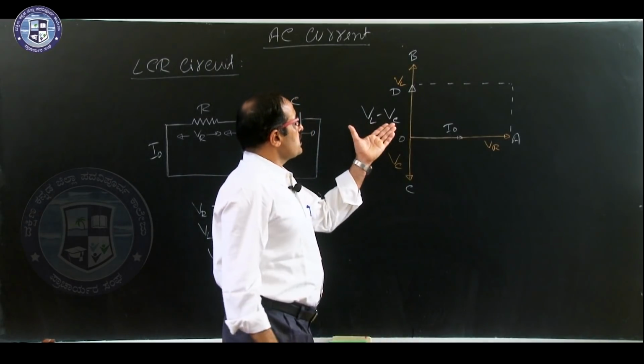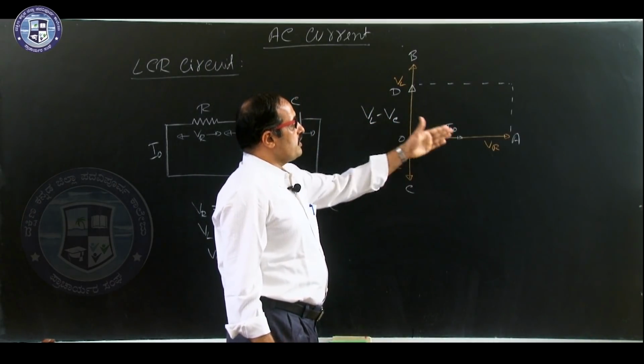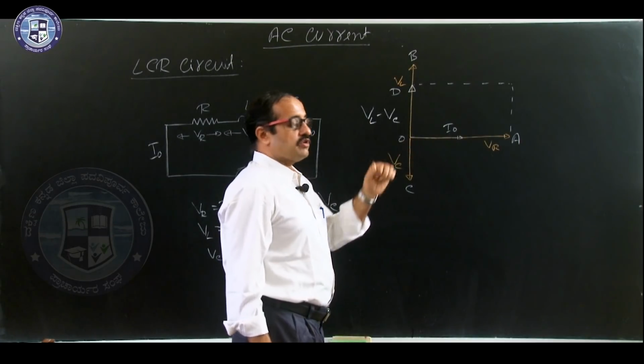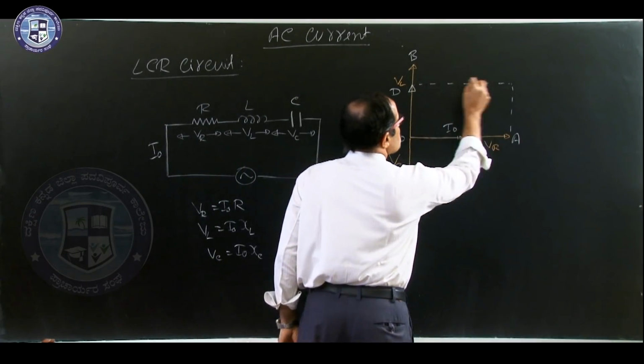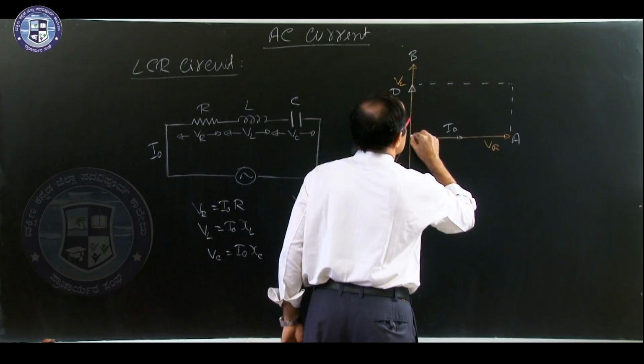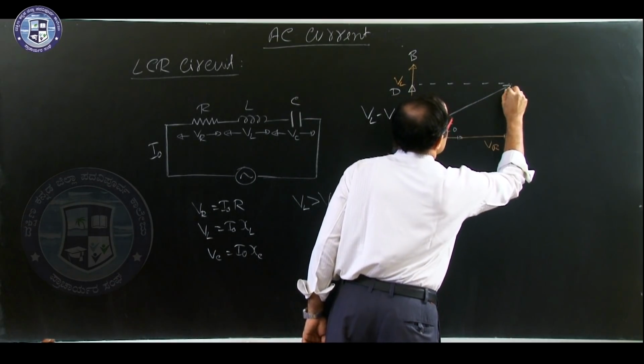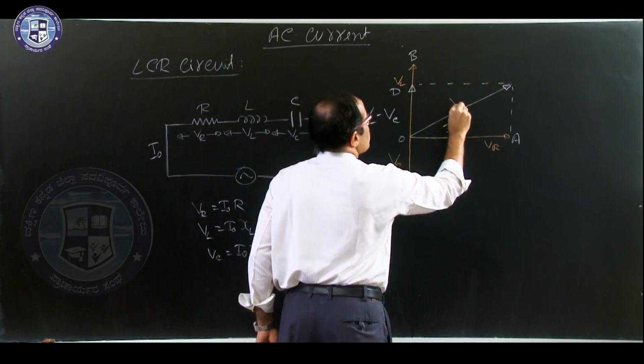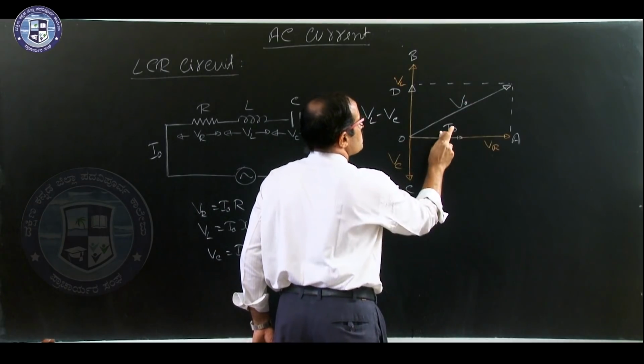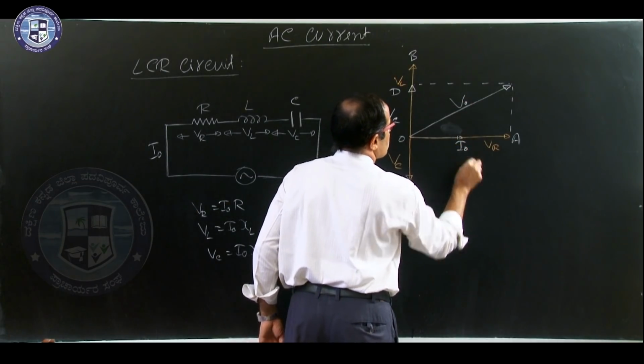Now, how to find the resultant of VL minus VC and VR? It is the vector sum, because it is the phasor drawing. So, we complete the parallelogram and draw the diagonal. So, this is V naught. I will write I naught here.